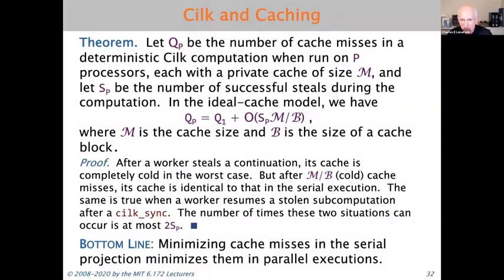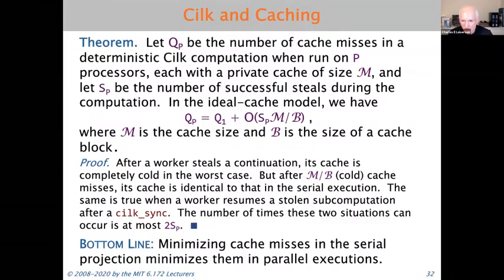And this particular theorem says that you can bound the P processor number of cache misses by the one processor plus this term, which has to do with how many successful steals, how many migrations you have to do, times the size in cache lines of the cache.